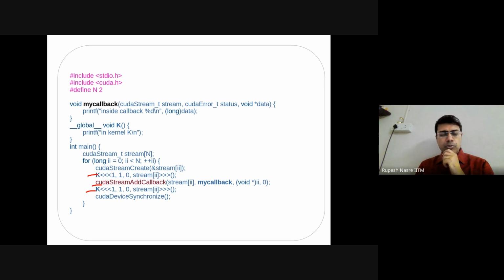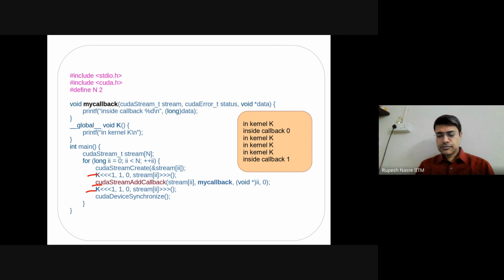Okay, so what will be the output of this code? So now in kernel K will be printed 4 times, and you have to decide where that callback is going to be. Okay, any questions on this particular output?